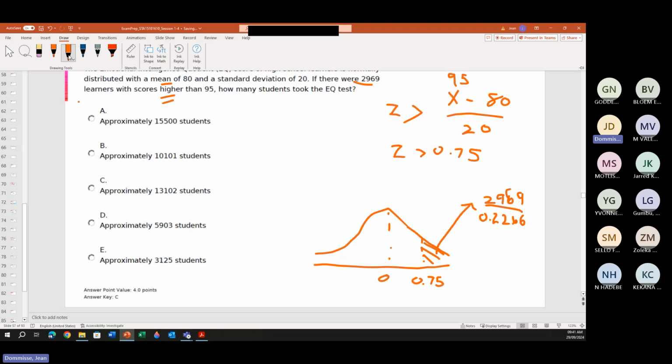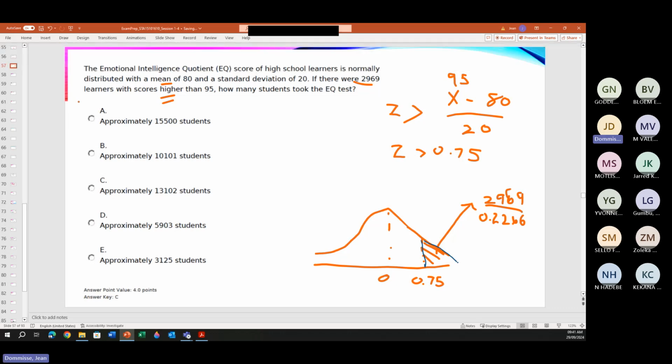So this component that we have here is 2969 students, and that is equal to 0.2266. Okay, so I want to know how many students are there in total.